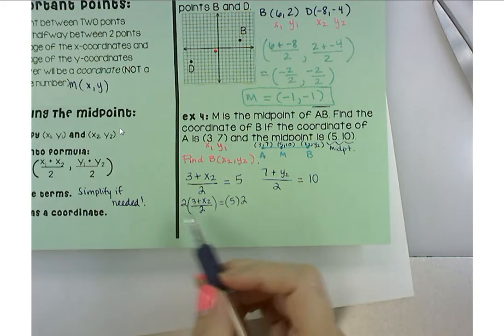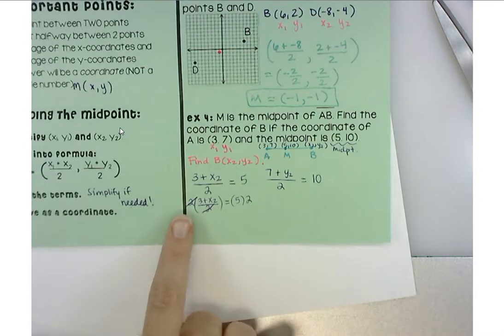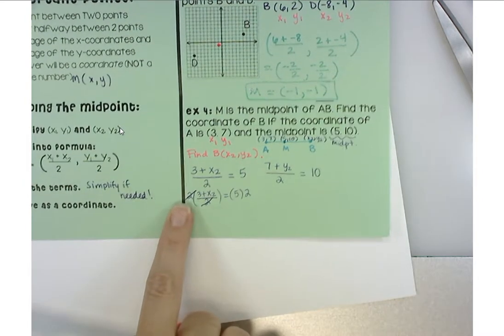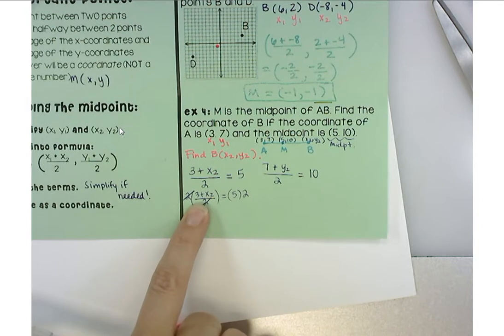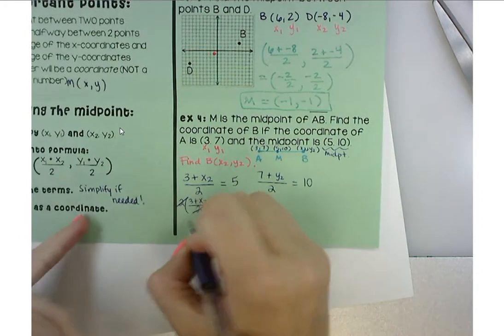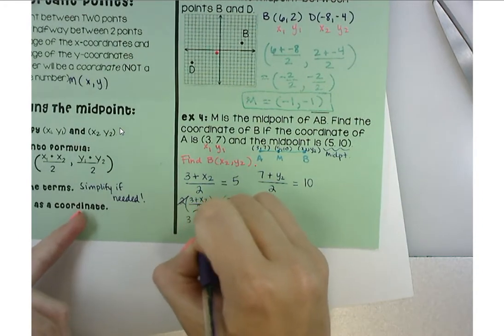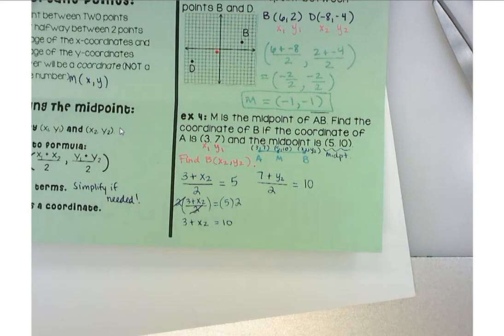The 2 and the 2 are going to cancel out, because multiplying by 2 and dividing by 2 are inverse operations, multiplying and dividing by the same value. So that cancels out to give us 3 plus x2. And then 5 times 2 is 10.